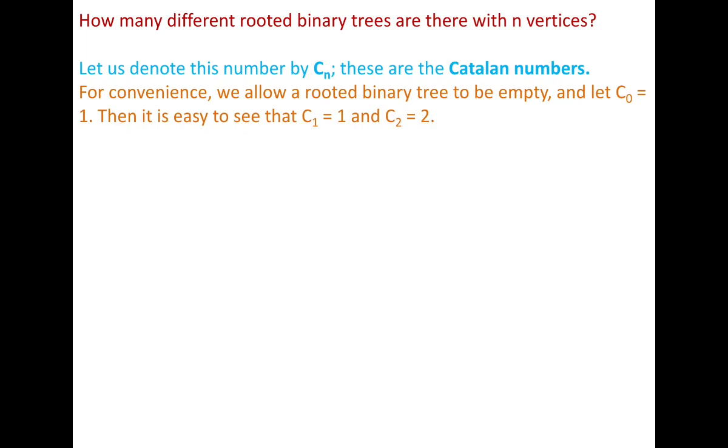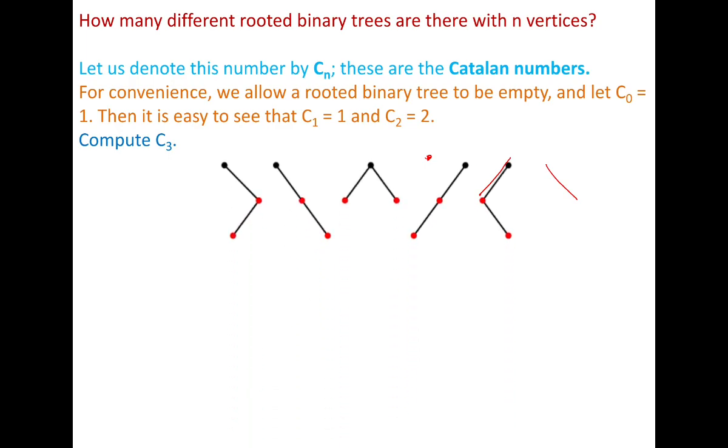It's easy to see that we assume C0 to be equal to 1. For C1 there is only one vertex, so it's 1. For C2 there is either a left or right possibility, that's why it's 2. Now quickly try to compute C3. You will realize that the answer comes out to be 5.